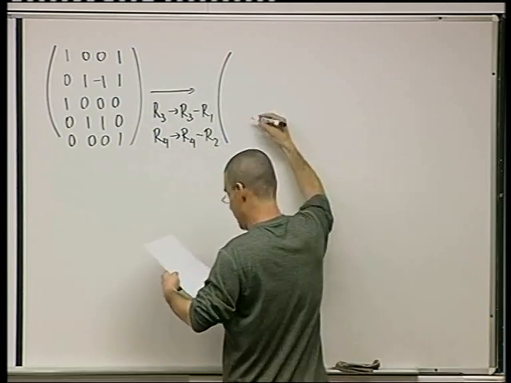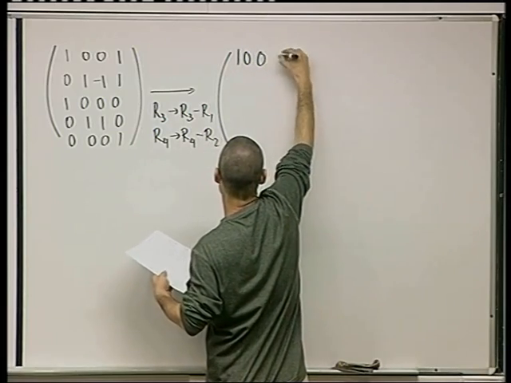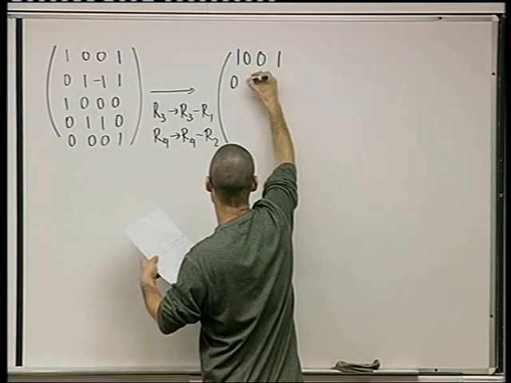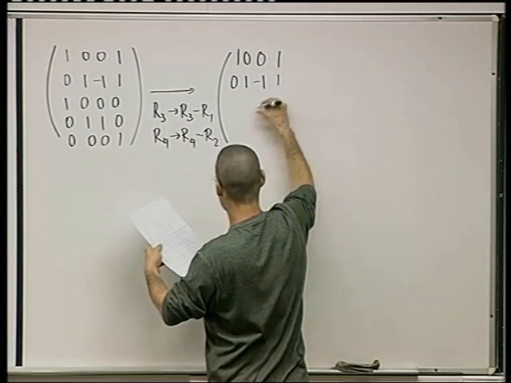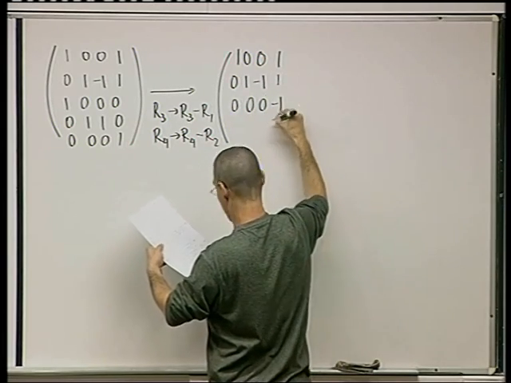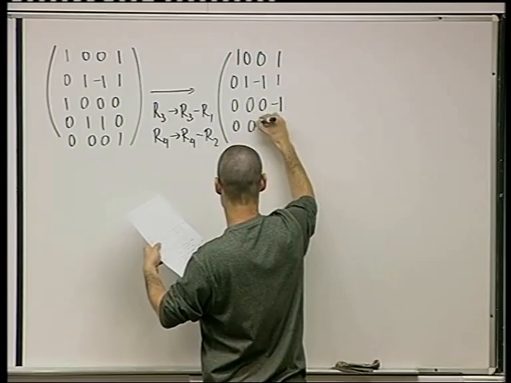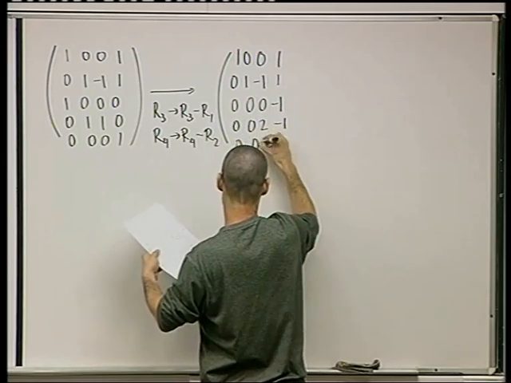What do we get? Tell me if I'm not making any mistakes here. 1, 0, 0, 1, 0, 1, negative 1, 1, 0, 0, 0, negative 1, 0, 0, 2, negative 1, and 0, 0, 0, 1.